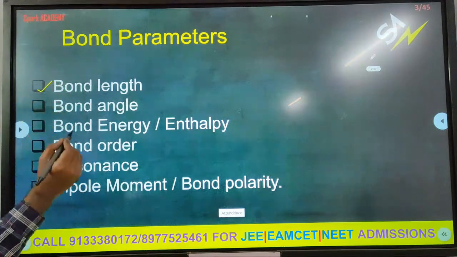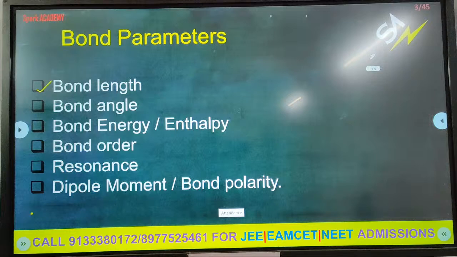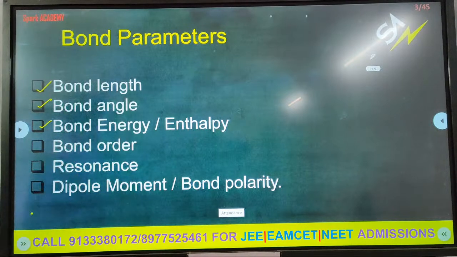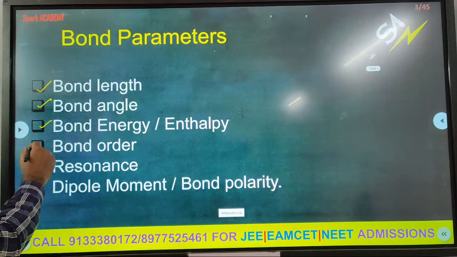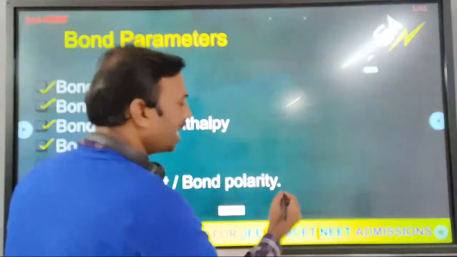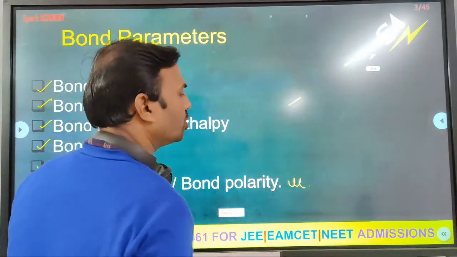Bond length is the first one. Second one is bond angle, bond energy or bond enthalpy, bond order, resonance, dipole moment or bond polarity. This dipole moment, bond polarity, is also called mu.